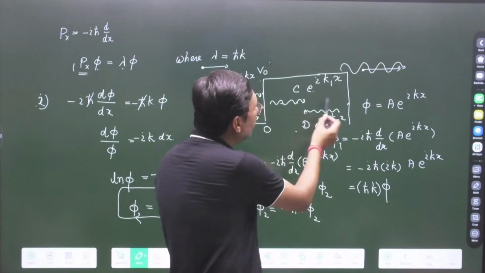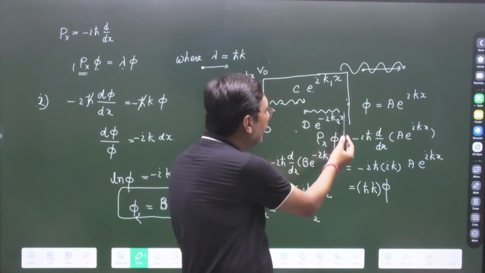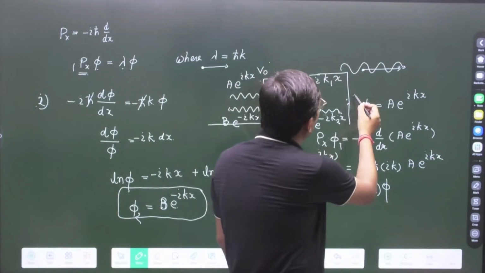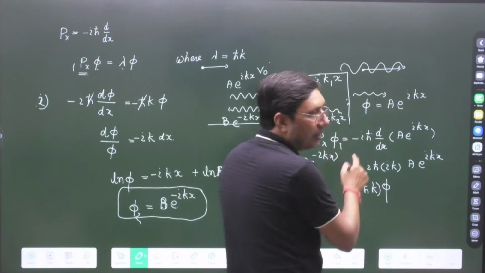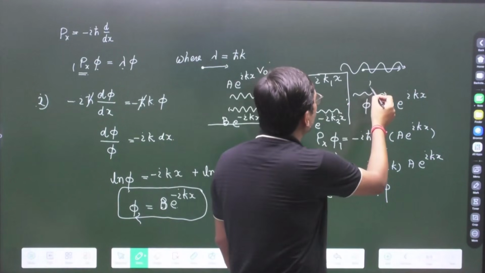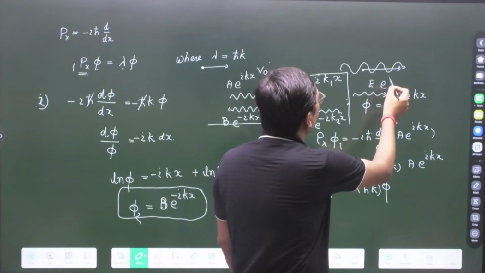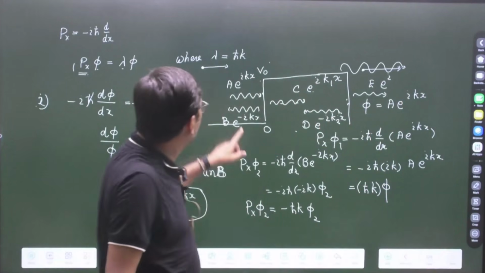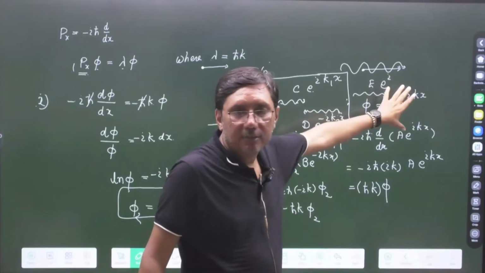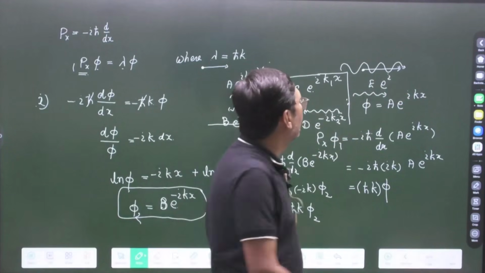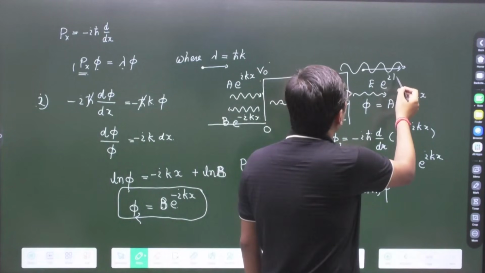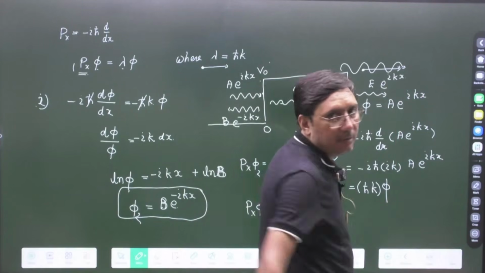So when it is striking here at this interface, a part of it is reflected back, a part of it is transmitted here. Again, this is forward moving, so I can write it as e to the power iota positive, and this part and this part have the same potential, 0. So k will be the same, so this will be kx. This will be simple.